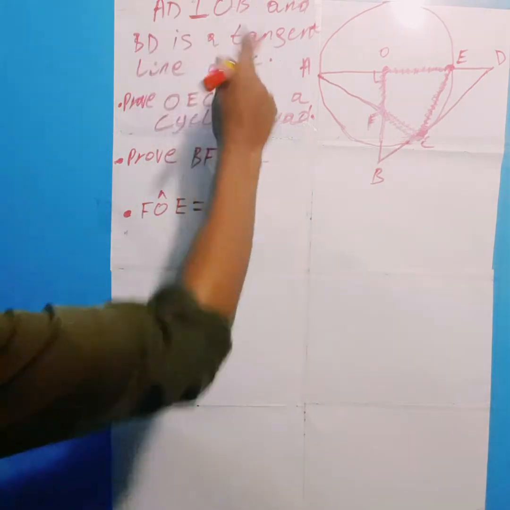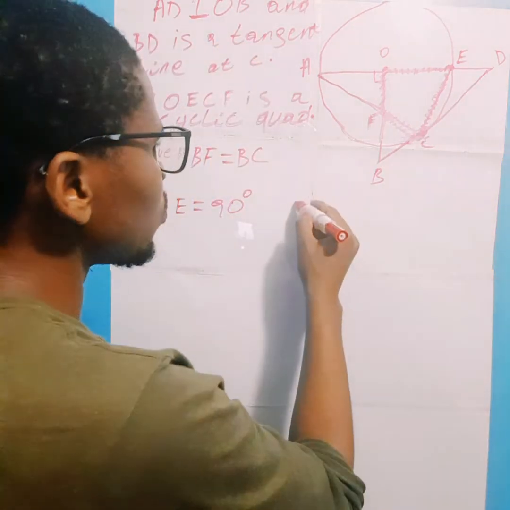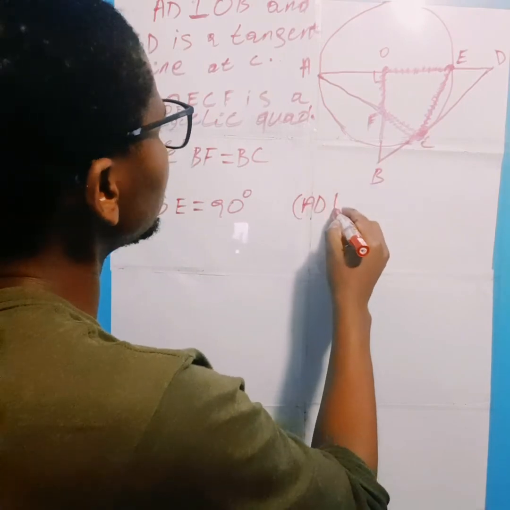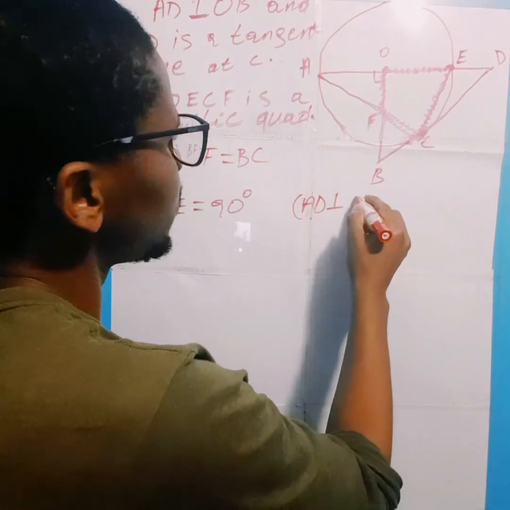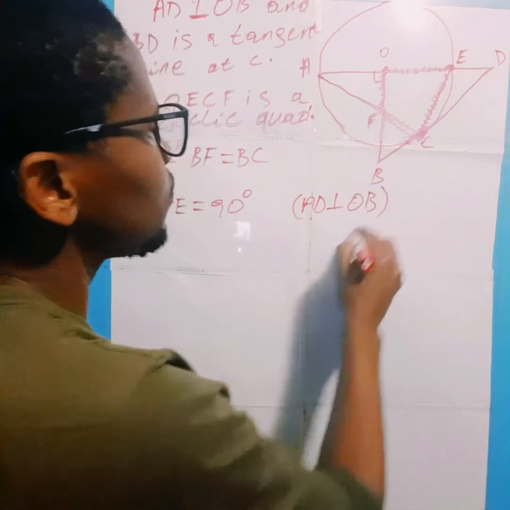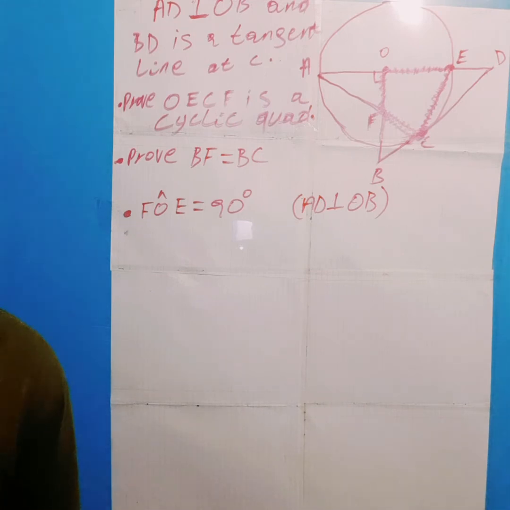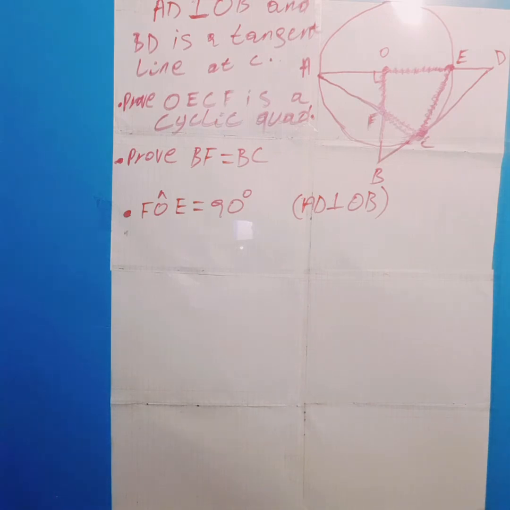The reason is given in your statement, so you know that AD is perpendicular to OB. If two lines are perpendicular to each other, it means that those two lines are meeting at an angle of 90 degrees. Perfect.